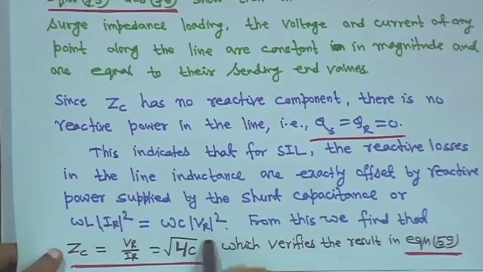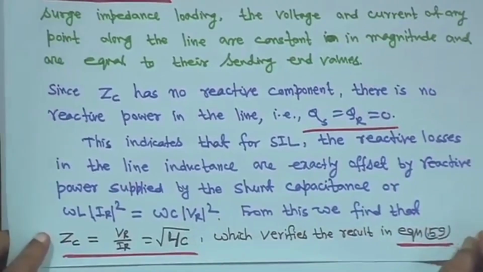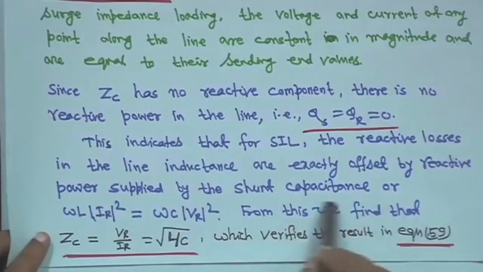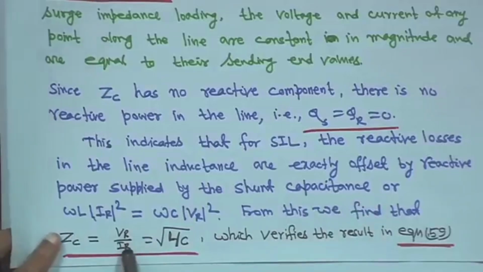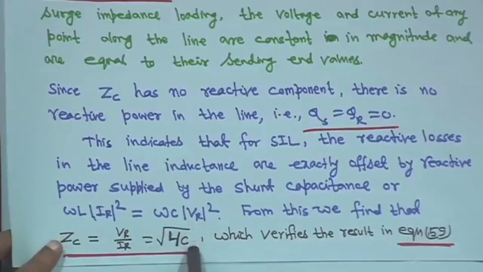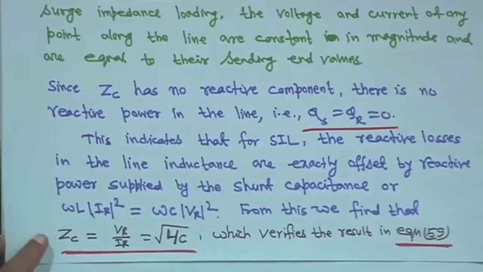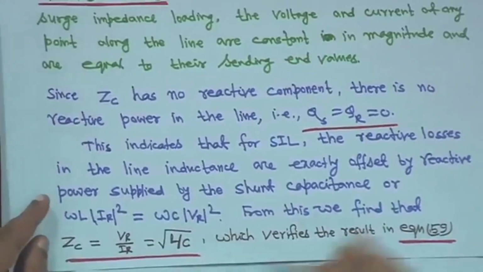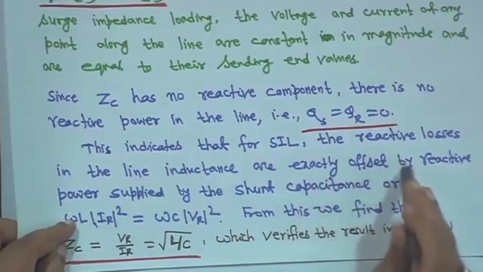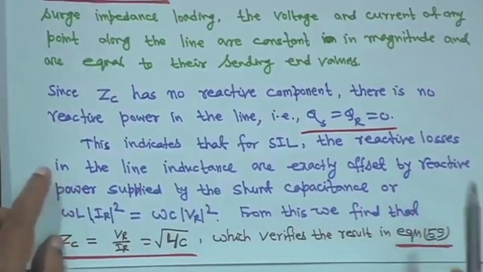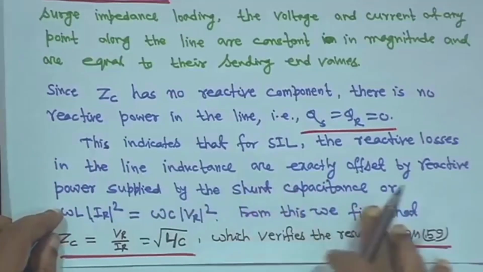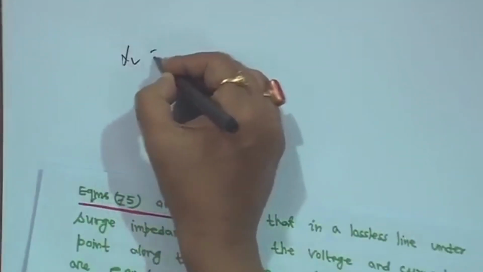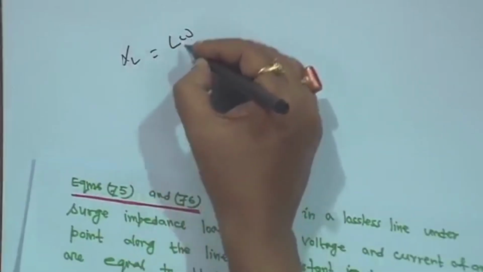If you use this condition, you will get ZC is equal to VR upon IR, and if these two are equal, then it will be root over L by C. That means the line inductance is exactly offset by the power supplied by the shunt capacitance. The line reactance is XL is equal to L omega.